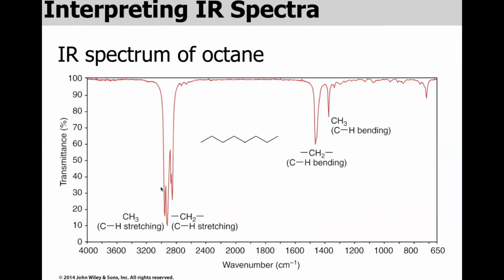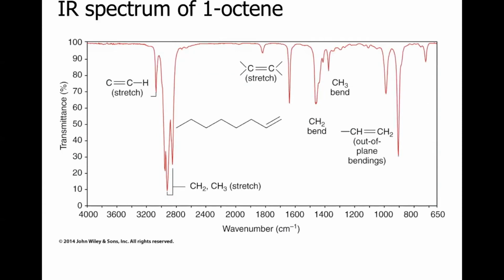Anything right below the 3,000 is a carbon bonded to a hydrogen that is an alkane, so it has no double bonds on it whatsoever. And so if we look at our next spectrum, we see a peak that's above 3,000. So we're looking at this 3,000. This spectrum is for 1-octene, so it has this double bond.